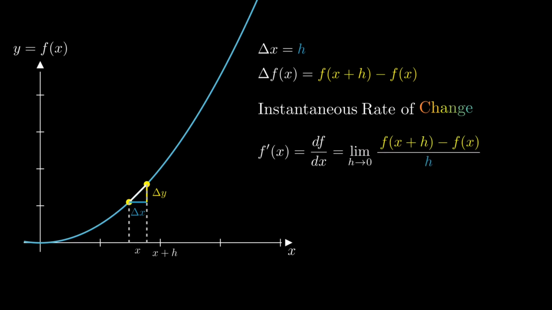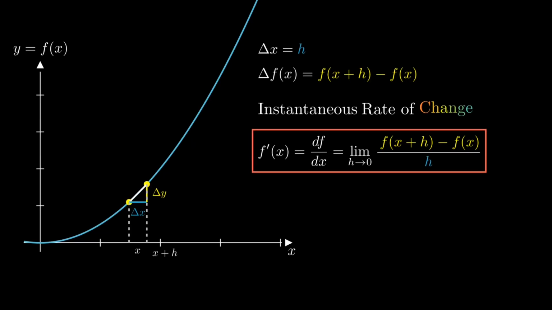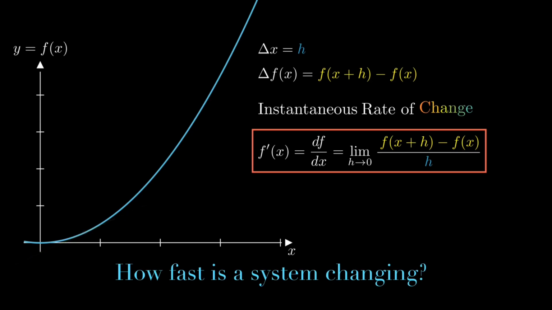Mathematically, this is defined as f prime of x, or df by dx, which is the ratio of the difference in output to the tiny change in x, which is delta x, or h, as it tends to 0. This limit captures how sensitively the function responds to changes in its input, and this is exactly what aids us in physics when we ask how fast is something changing right now.